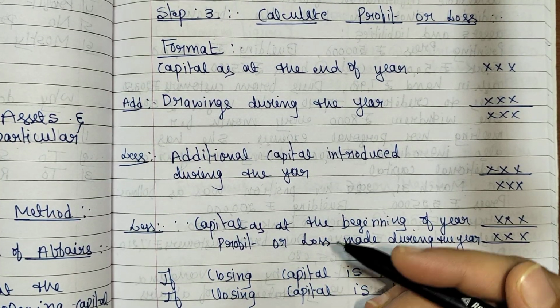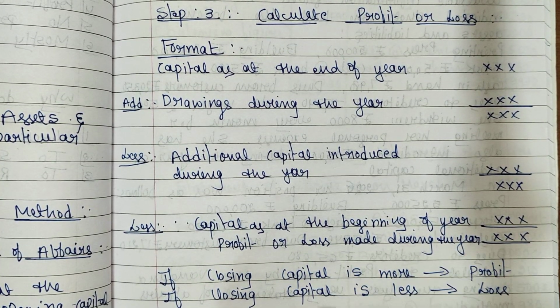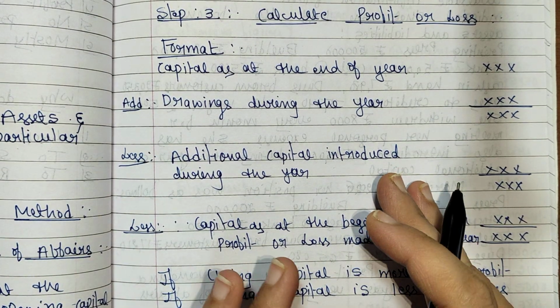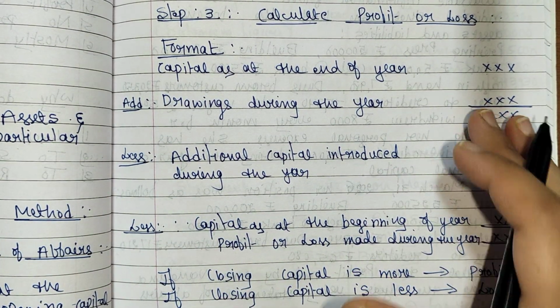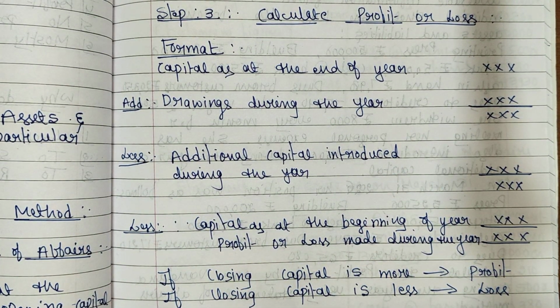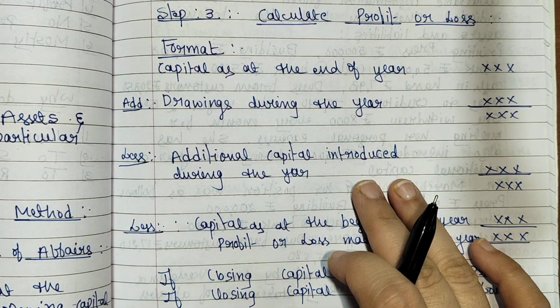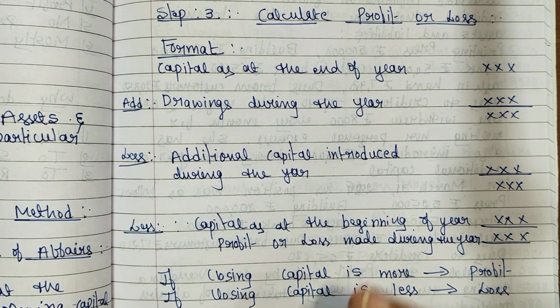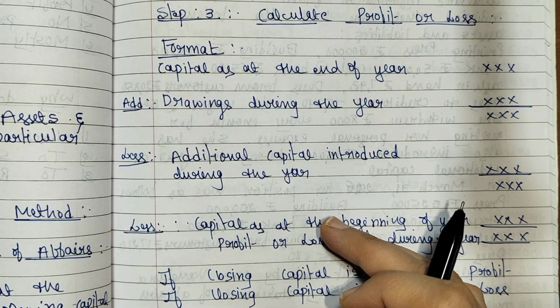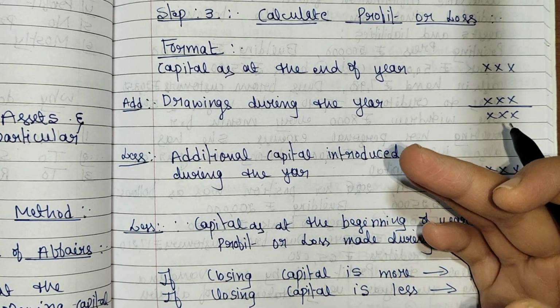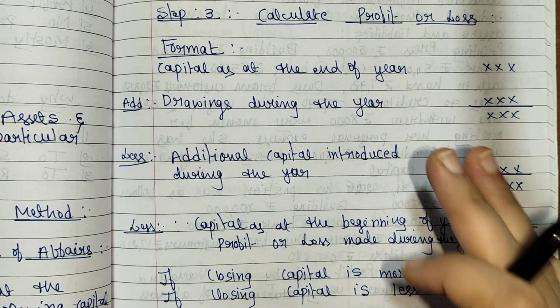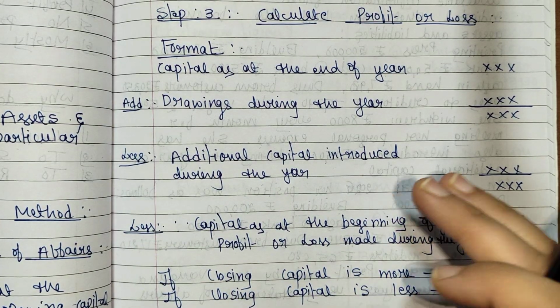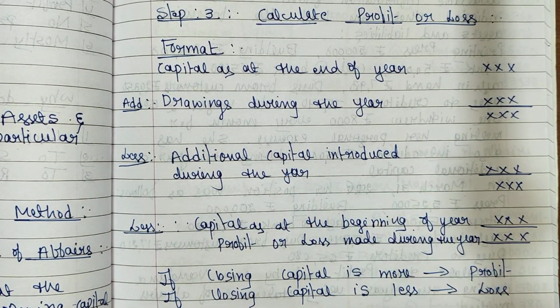Definitely it increases the capital, but it is not a profit. Like drawings are not a business loss, additional capital is not a profit. Clear? So while calculating the actual profit, we deduct additional capital introduced during the year.